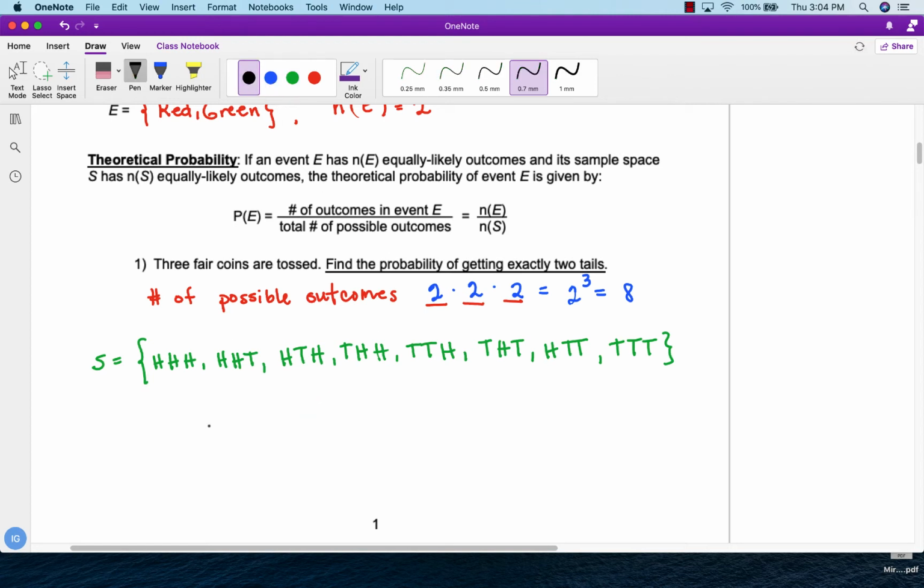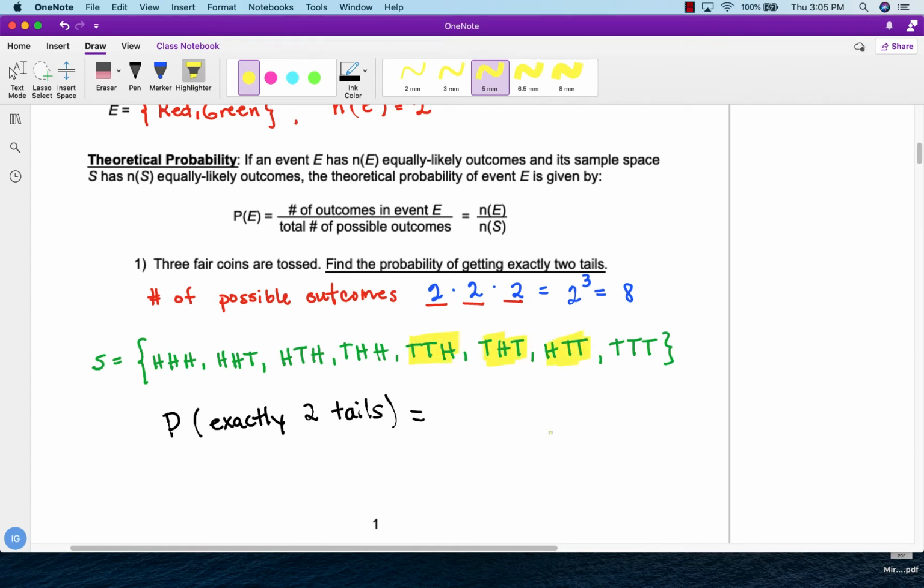Now what it's asking here is the probability of exactly 2 tails. If we look at our sample space, exactly 2 tails will be this one, this one, and this one.